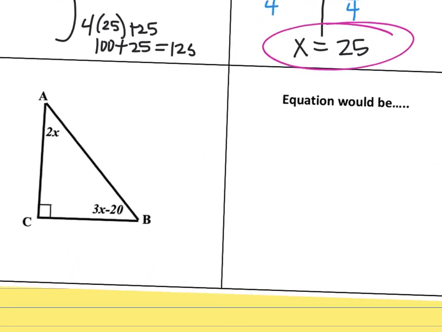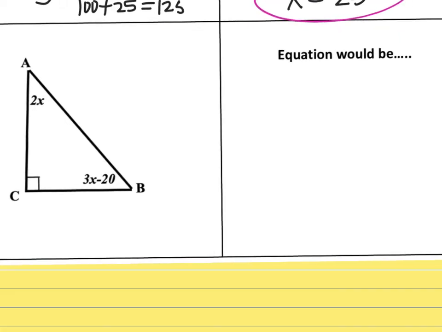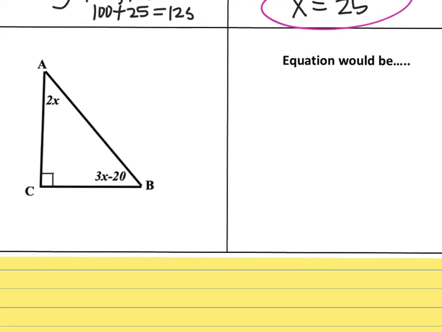Okay, so now let's look at one more example. This one already has the letters A, B, and C, so I'm just going to keep those there. Angle A is 2x, angle B is 3x minus 20, and angle C doesn't have a number, but it has this right angle box symbol. So I'm going to just use my pen and go ahead and fill that in with a 90.